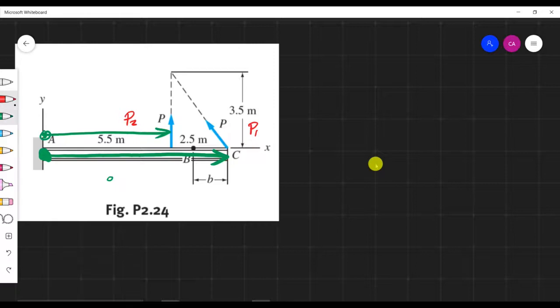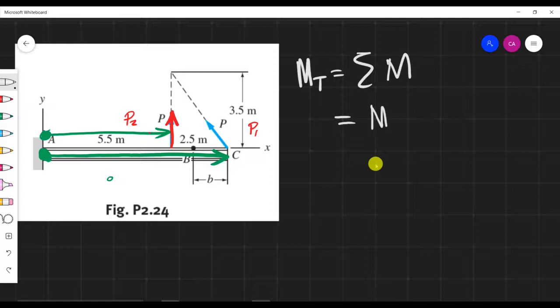Yan, tinanggal natin yung mga vector. Okay, dyan lang yung mga distance na yan. Ngayon, ang gagawin natin, itong P, since okay na yan, kapag humahanap tayo ng perpendicularity, yung pagiging perpendicular. Since yung 5.5 at saka yung P is perpendicular, meron ka ng moment. Kasi moment total is equals to the summation ng lahat ng moment.